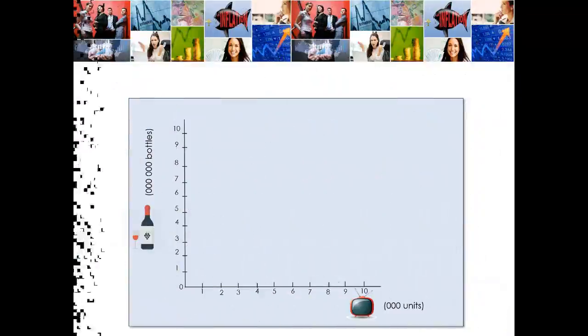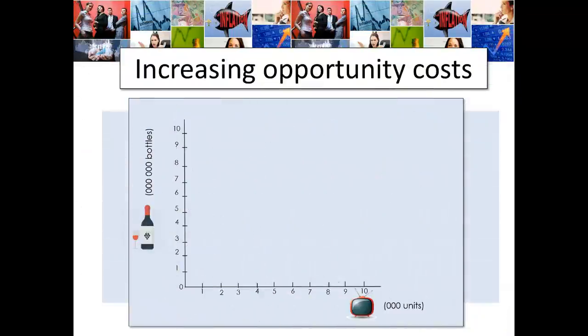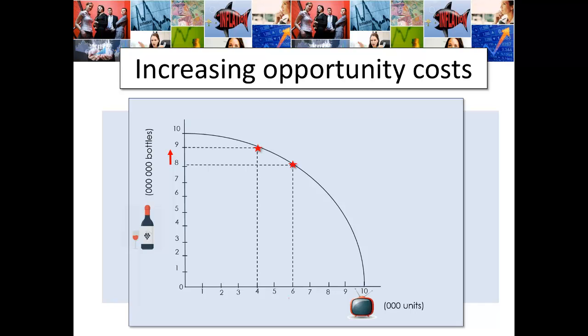And the converse of this is the concaved or bowed out PPC, the curved shape here, and this depicts increasing opportunity costs. So to gain a certain number of bottles of wine, we have to give up a certain number of televisions.